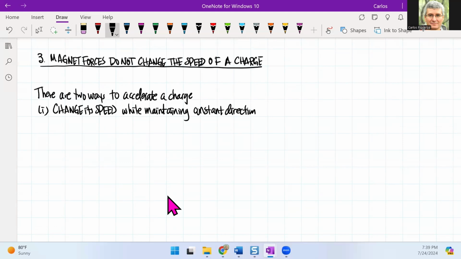So in this case, that implies here that the force is either parallel or anti-parallel to the velocity.